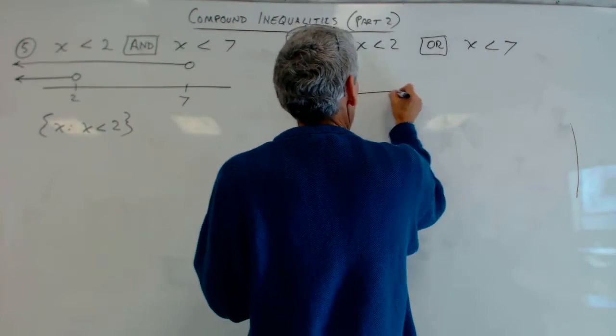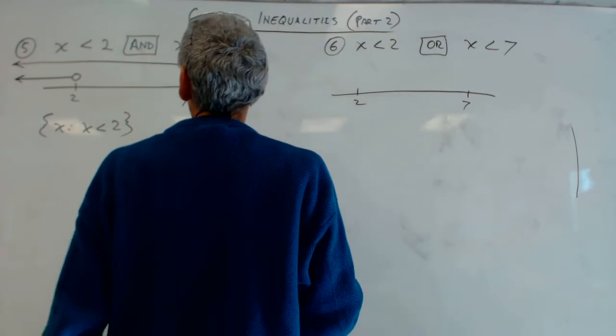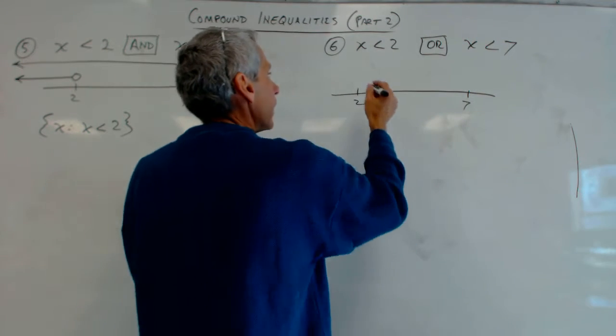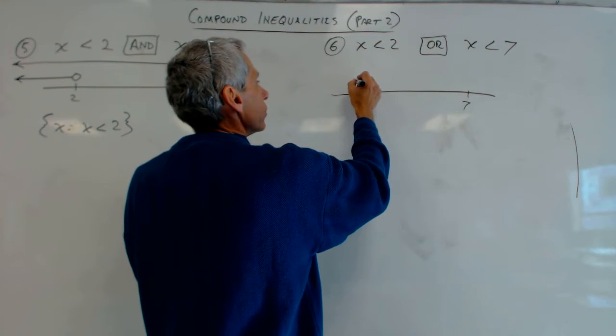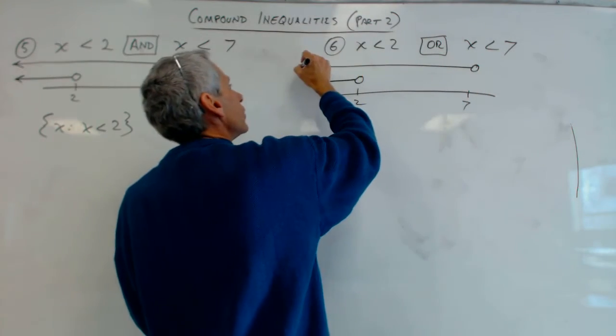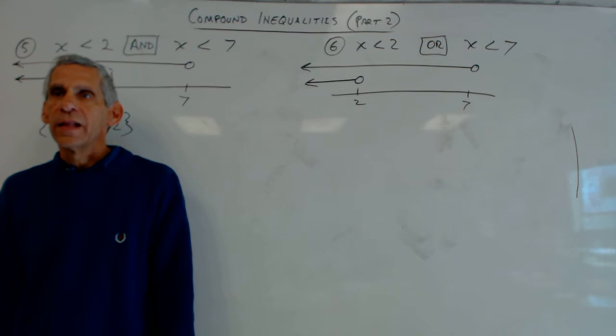All right, same graph. I've got 2 and I've got 7. So x is less than 2, x is less than 7. What's my answer now?